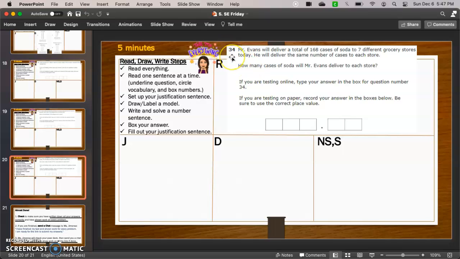Question 34. Mr. Evans will deliver a total of 168 cases of soda to 7 different grocery stores today. He will deliver the same number of cases to each store. How many cases of soda will Mr. Evans deliver to each store?